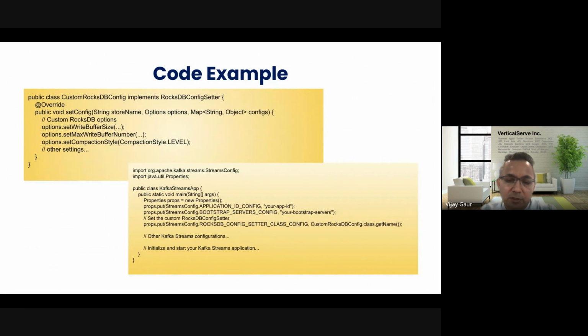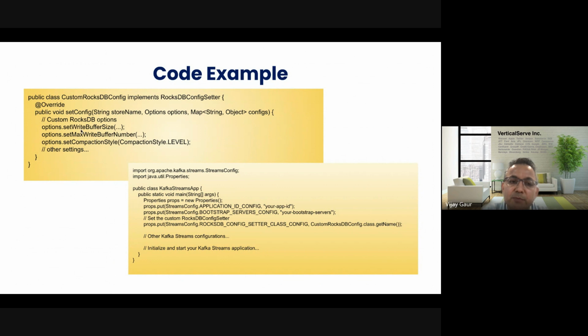So finally, how do we configure these settings in RocksDB to optimize it? To implement any of the RocksDB parameters, we first have to create a custom class which implements the RocksDBConfigSetter interface. There you override the setConfig method, and in the options, which are the key-value pairs for the configs, you can set the RocksDB parameters.